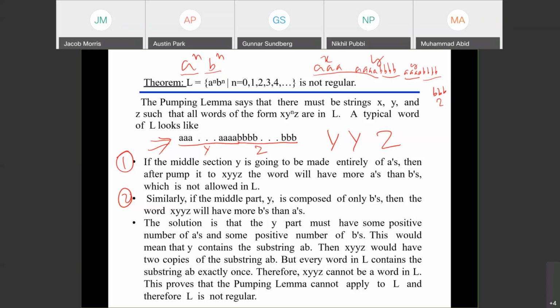So I need to figure out which part is on the loop. I think my first part is on the loop. And if I consider my first part as y, I pump it up, and now I have y, y, z. And I check that it is not according to the definition of the language. The language is a^n b^n, both numbers of a's and b's are the same, whereas yyz means more a's and fewer b's.